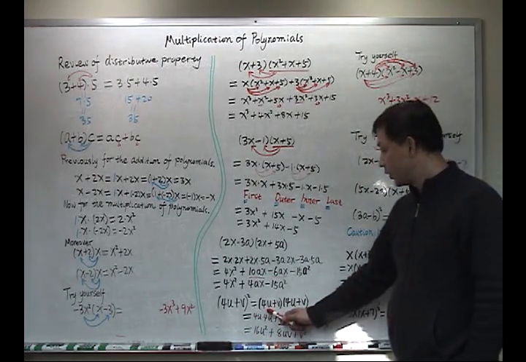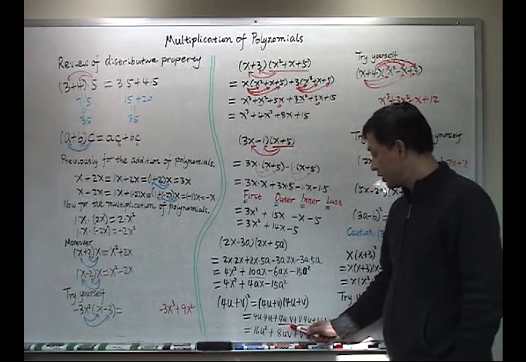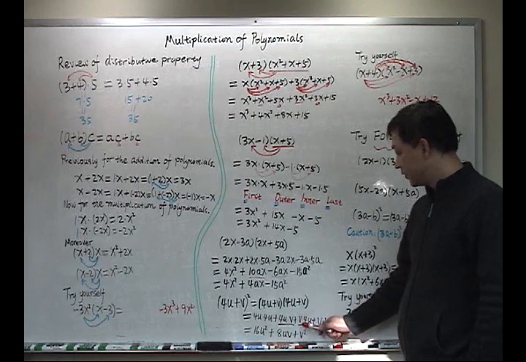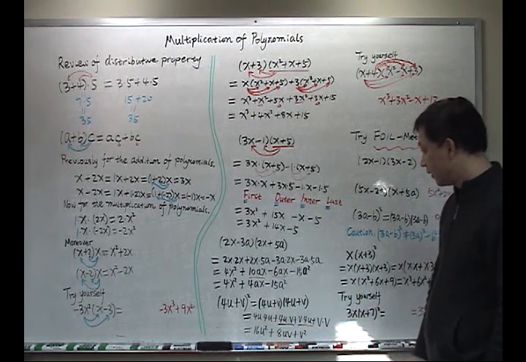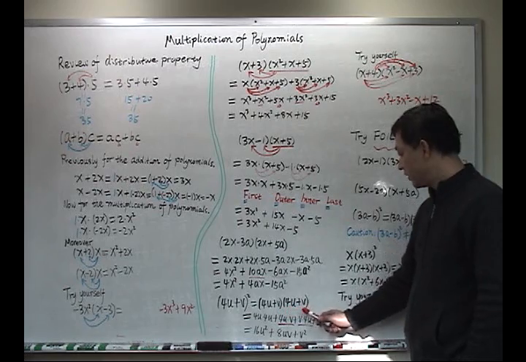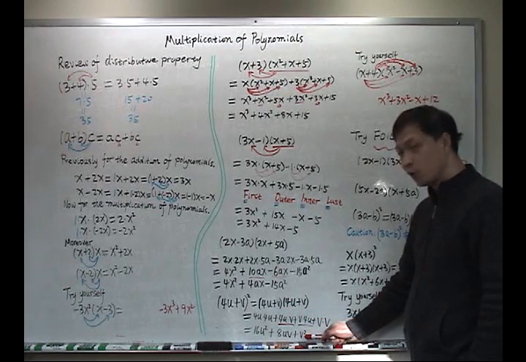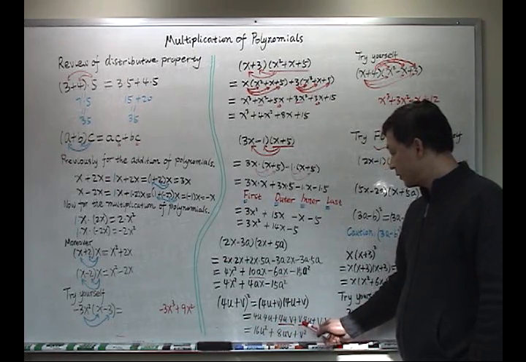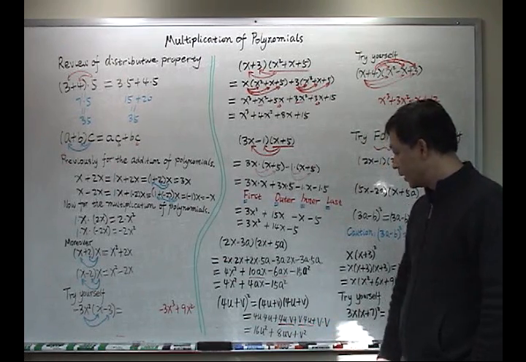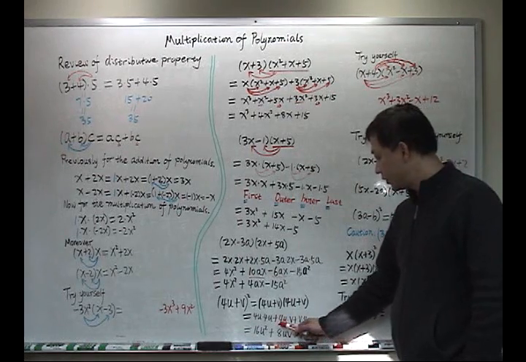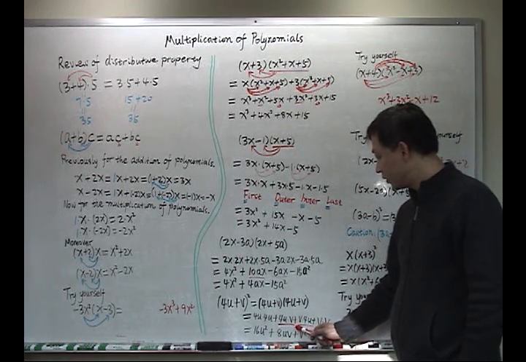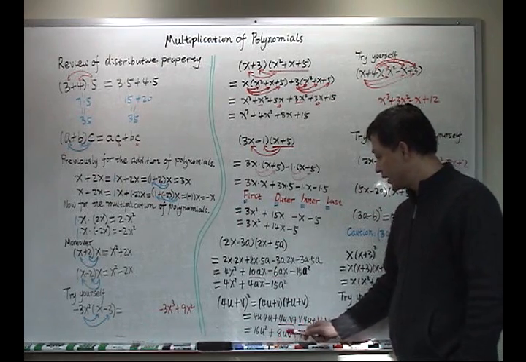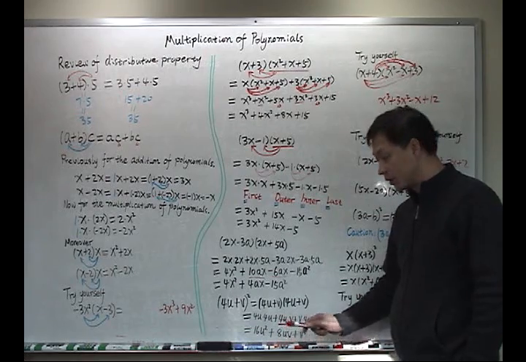Outer product, 4u times v. Inner product is v times 4u. The last product is v times v, which gives us v squared. 4uv is the same thing as v times 4u. So together is 4 plus 4, here is plus 8uv. uv is vu, so 8uv. Combine those two like terms. We got that.